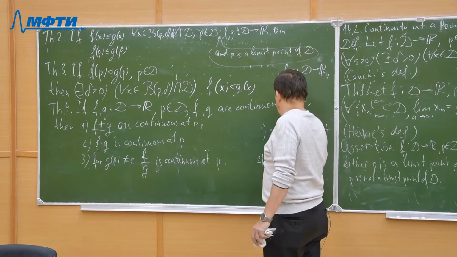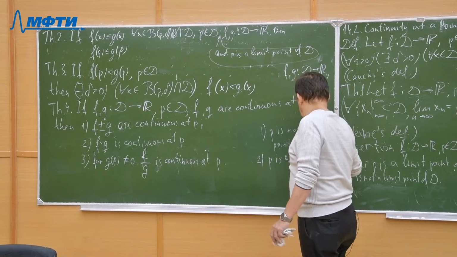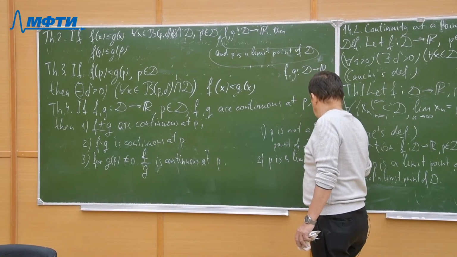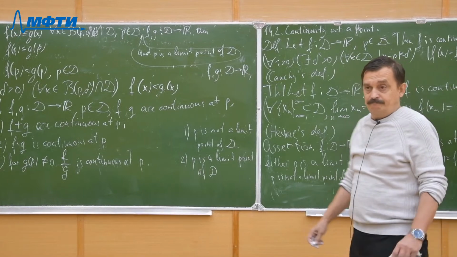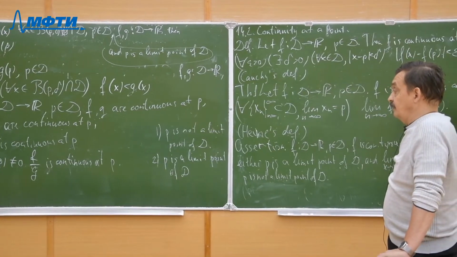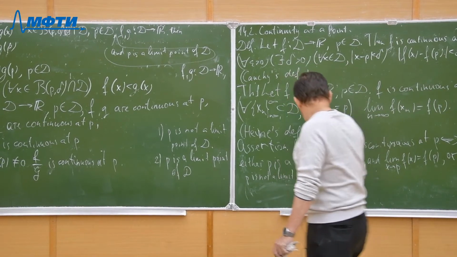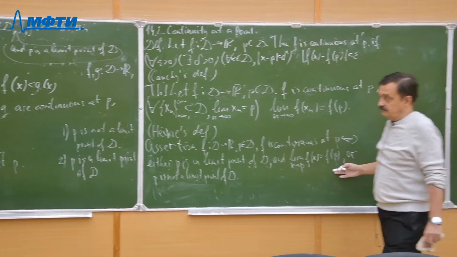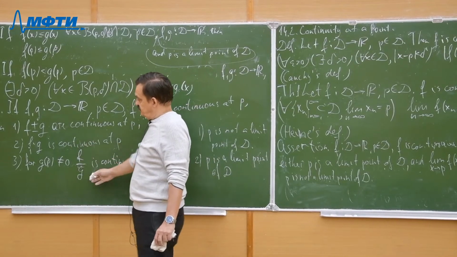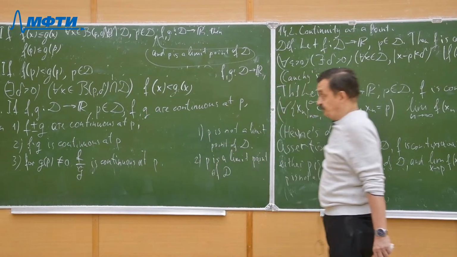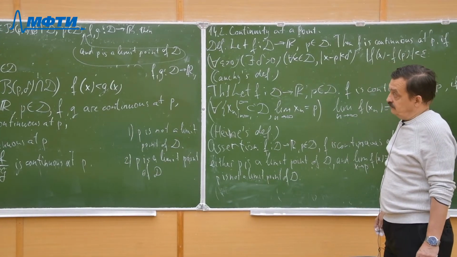Second, P is a limit point of D. Then continuity is equivalent to the corresponding limit. And then all of those assertions were proved for the limits. And that's all what we need.